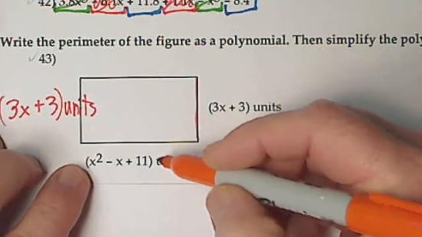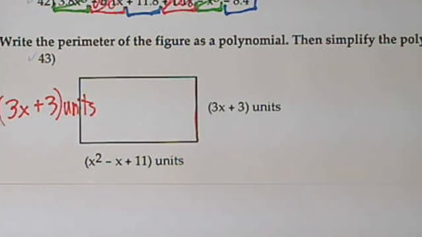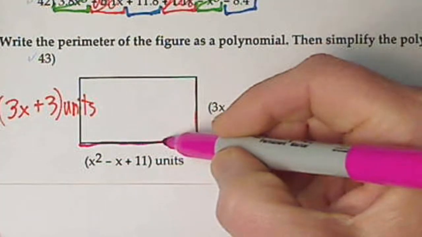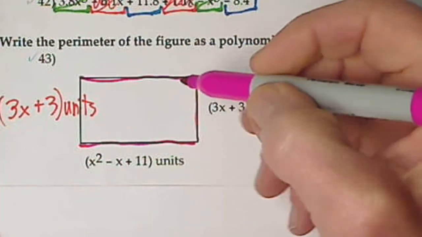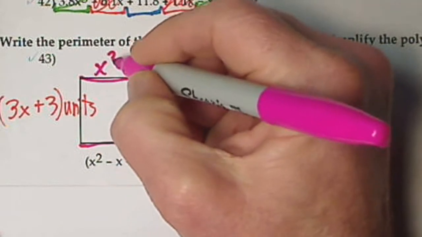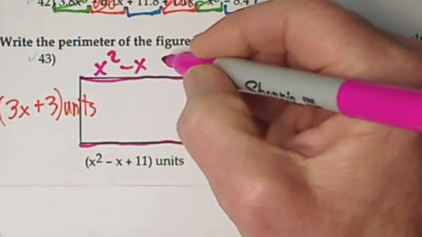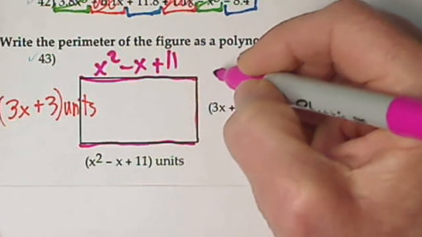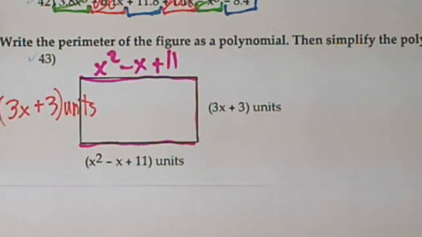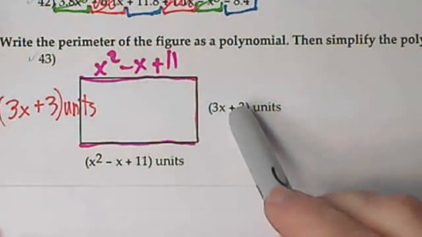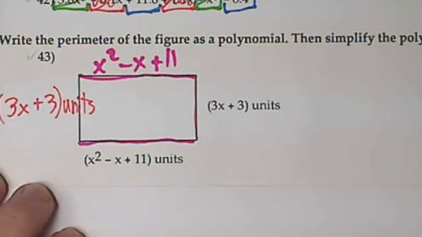units. And then again, if the bottom is x squared minus x plus 11, the bottom is that, then the top must be the same, x squared minus x plus 11, and I could put parentheses in the word units. So all they really want us to do is add up all four sides.